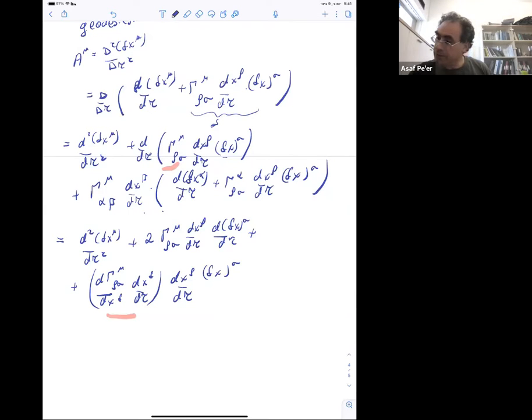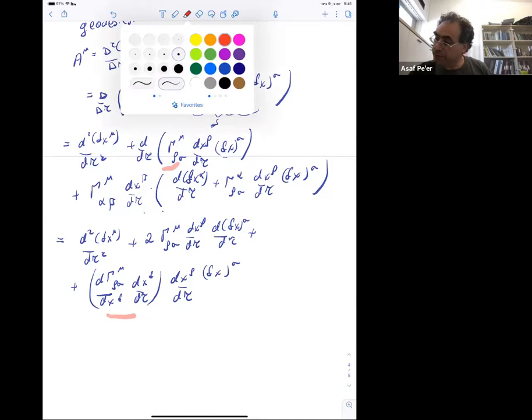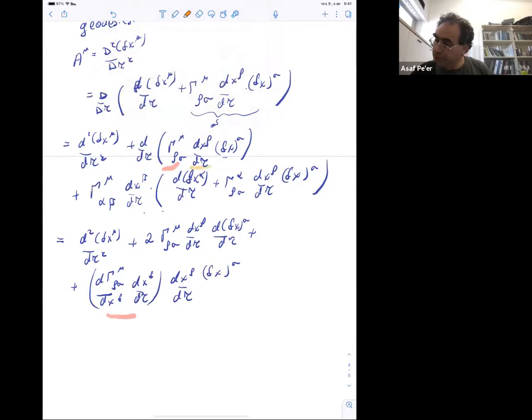And then I still have to take the derivative of this with respect to τ, so that will give me plus Γ^μ_ρσ d²x^ρ/dτ² times δx^σ.